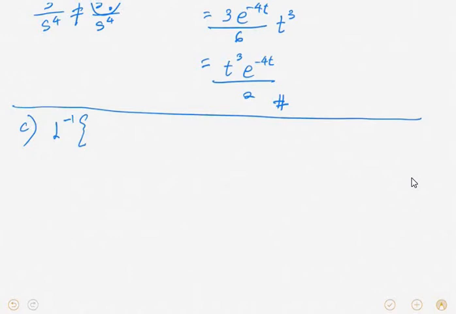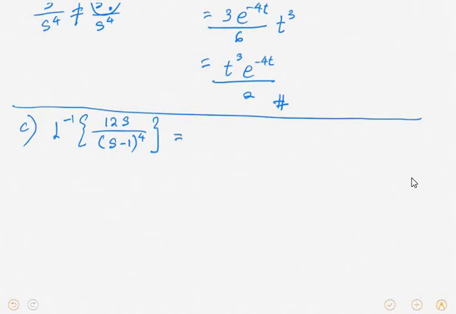Okay, the inverse Laplace transform of 12s divided by (s minus 1) power 4. If you look at this question, roughly what can you invert? 12s, based on the table of transforms, seems like none of them match. So what should we do?